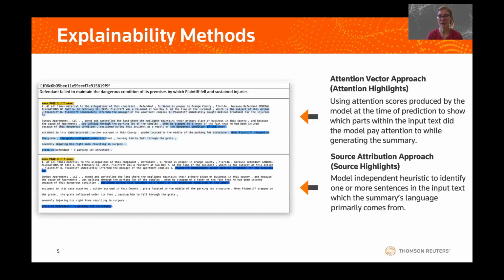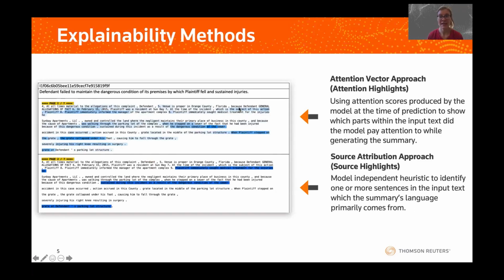The two methods we've experimented with were, first, the attention vector approach, which used the attention scores produced by the model at the time of prediction to show which parts within the input text the model paid attention to while generating the summary. This results in different intensity of text highlights, where darker blue means more attention and lighter blue means less.